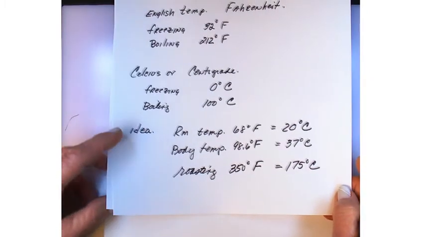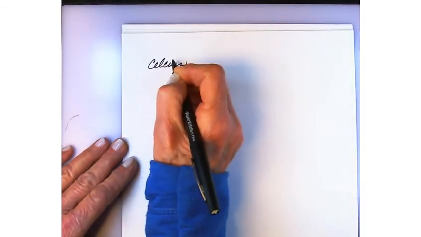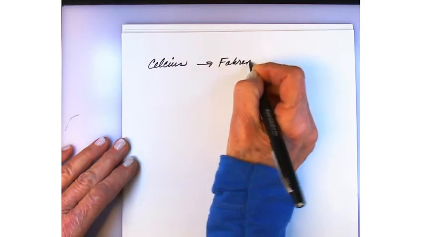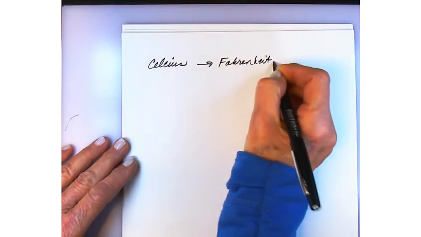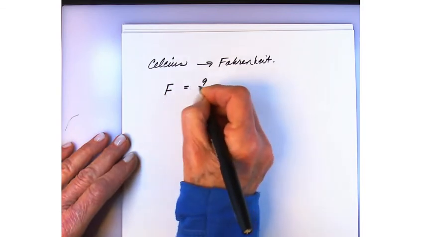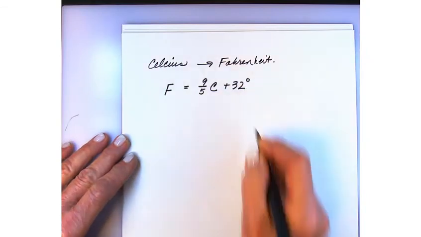Oftentimes we have to go back and forth between Celsius and Fahrenheit. So let's look at that. Celsius to Fahrenheit: Fahrenheit equals 9/5 Celsius plus 32 degrees.